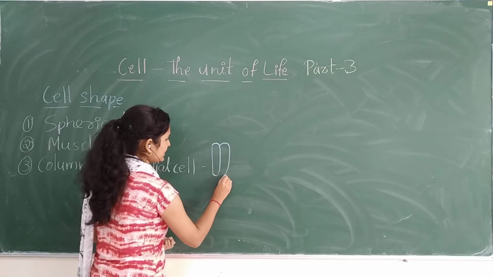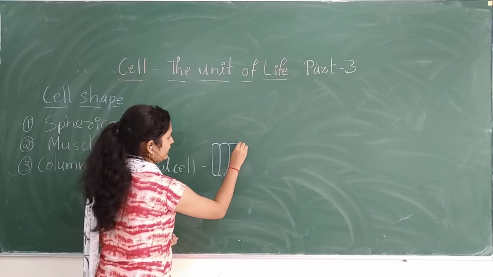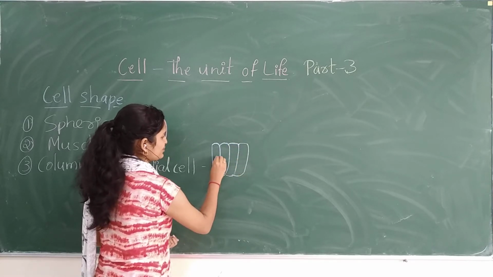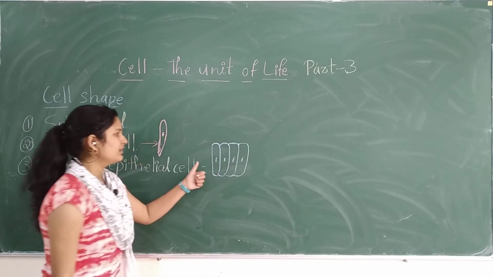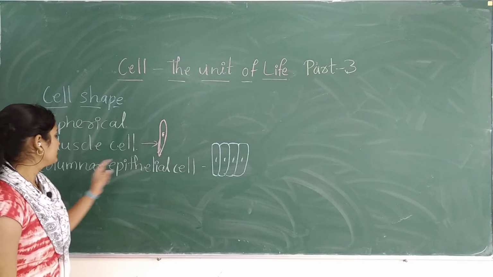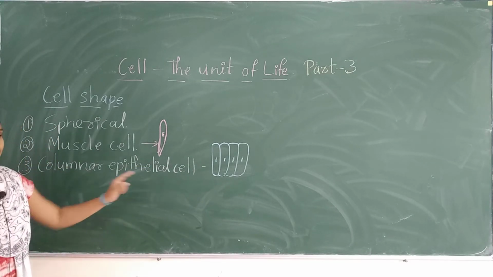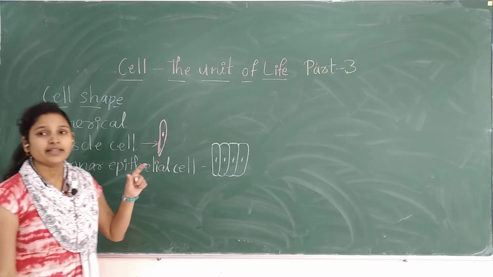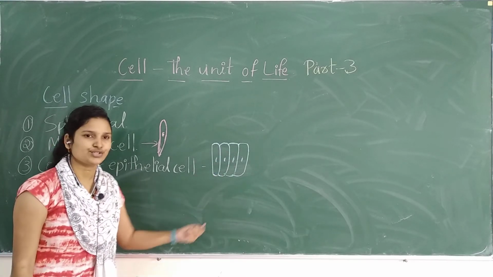We are going to study everything in detail in structural organization, the different kinds of tissues. These are the shapes under the columnar epithelial cell. In the columnar epithelial cell, the appearance of the cell will be like this. Okay, understood?